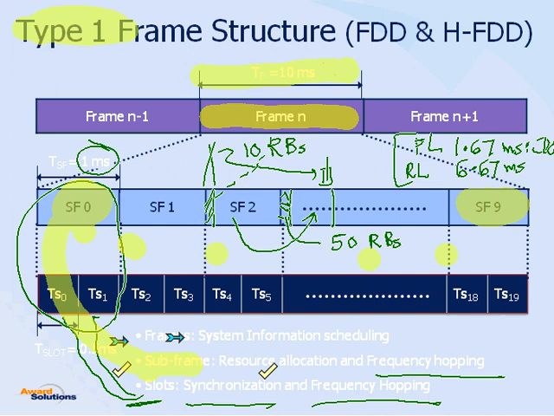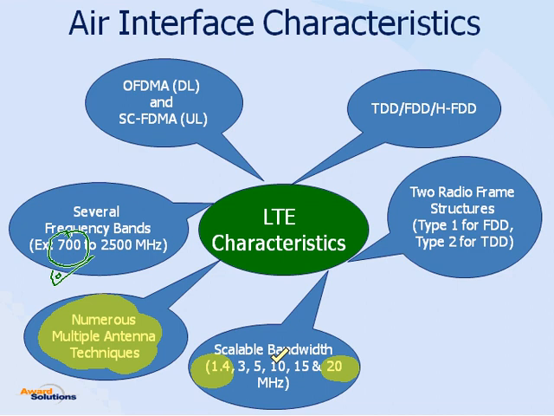We have a question. Do FDD and half FDD mean the same thing? Not 100%, but almost. So for example, in FDD, we can have simultaneous transmission and reception.